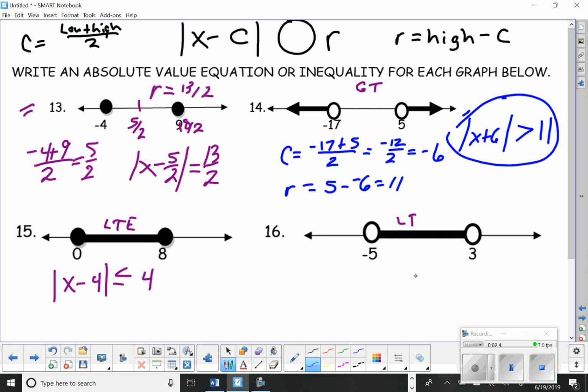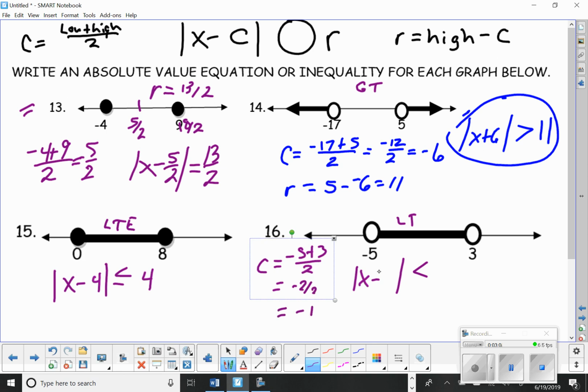Over here, I know that it's going to be less than. And I've got my x minus. But what is it, x minus? Well, my center is equal to -5 plus 3 divided by 2. That's -2 divided by 2.